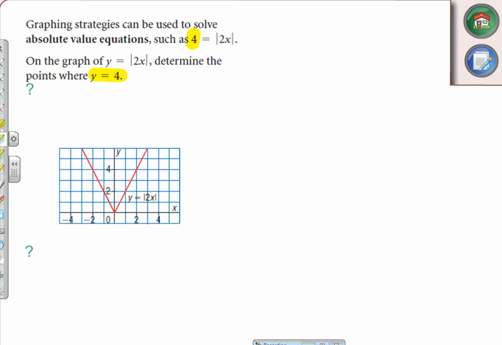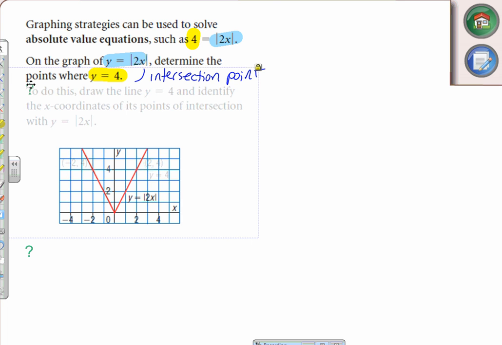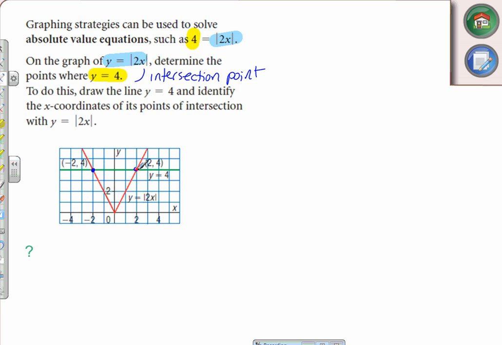Let's look then at y equals the absolute value of 2x and find out the intersection point between the two. The intersection point is going to be the solution. And then we can see they intersect here and there between the line y equals 4 and the absolute value of 2x.